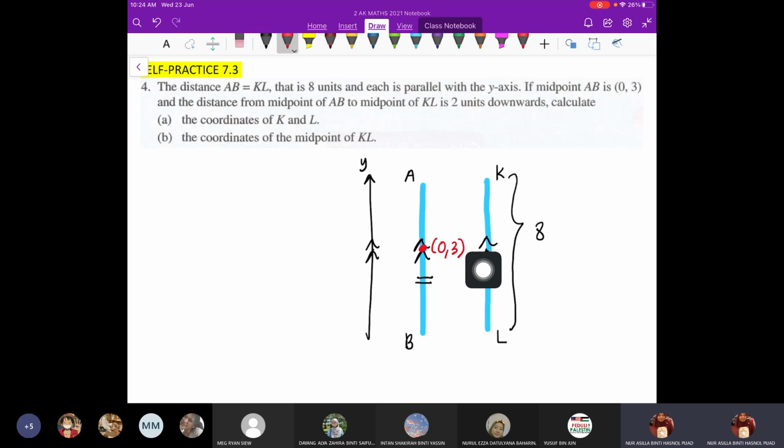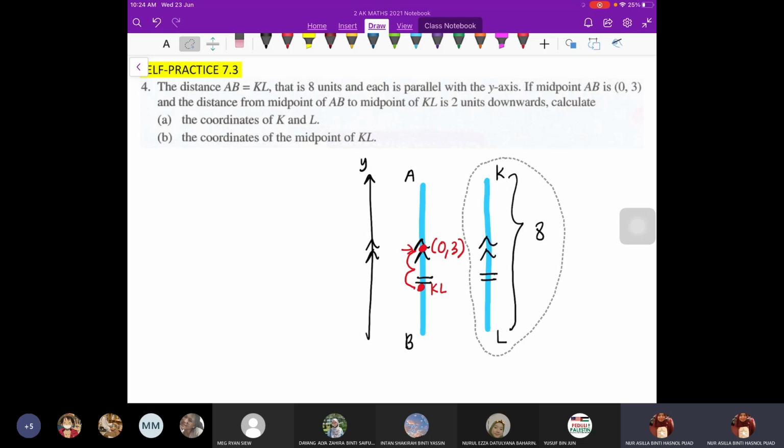Dia bukannya ke kanan ataupun ke kiri, tapi dia turun bawah. So maksudnya, kalau saya ambil midpoint AB ni, 2 units, 1, 2. 2 units, ini adalah midpoint KL. Jadi line KL saya tak patut ada kat sini.